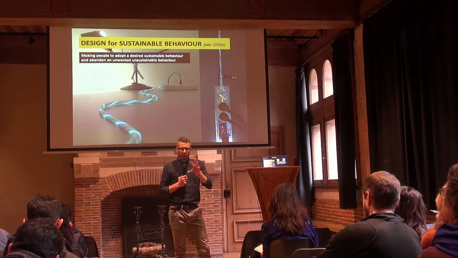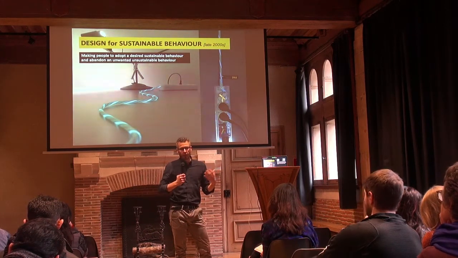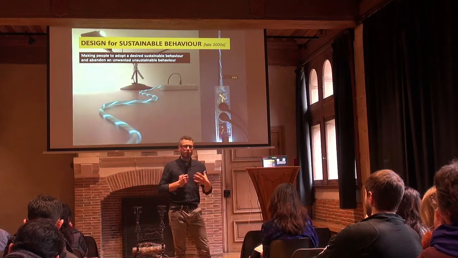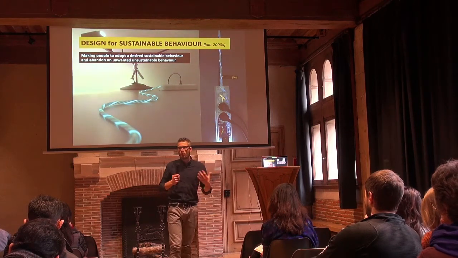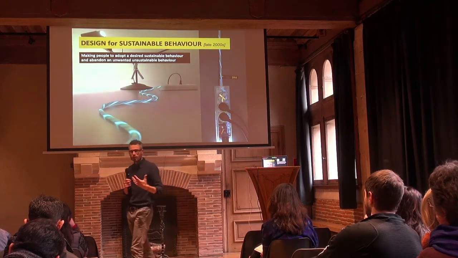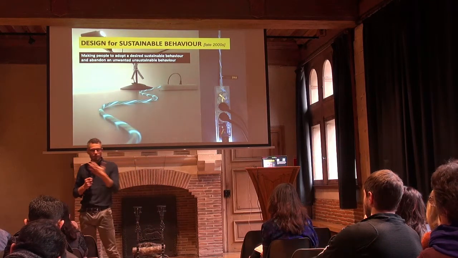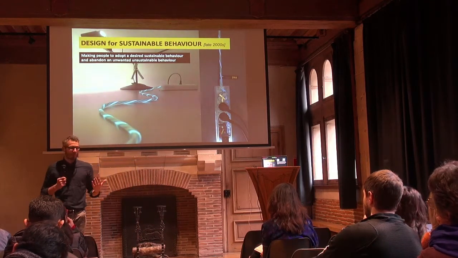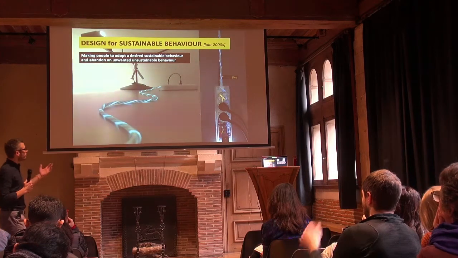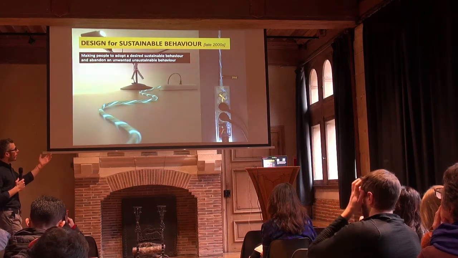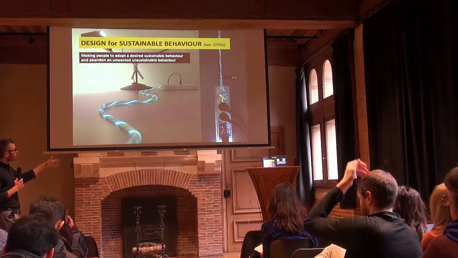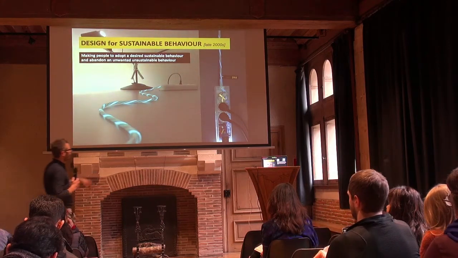Initially, this type of approach focused on products, but then it expanded to services, product service systems, and even to policy. So it's a very powerful approach that can be used transversally on many different applications. Here we can see a practical example of how design for behavior change has been applied to a product.